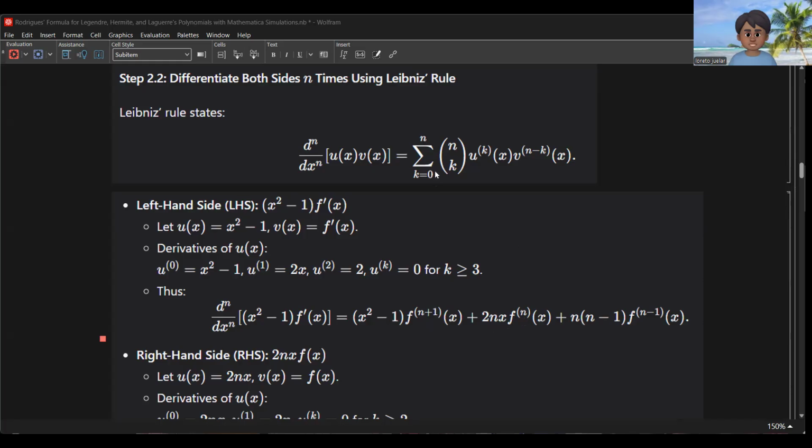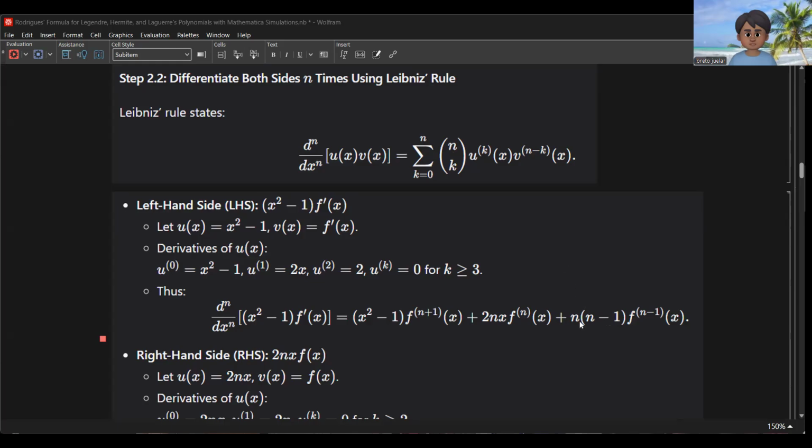Then the next term is the combination of n taken 2 at a time, which is n times n minus 1 over 2 factorial, for k equal to 2.